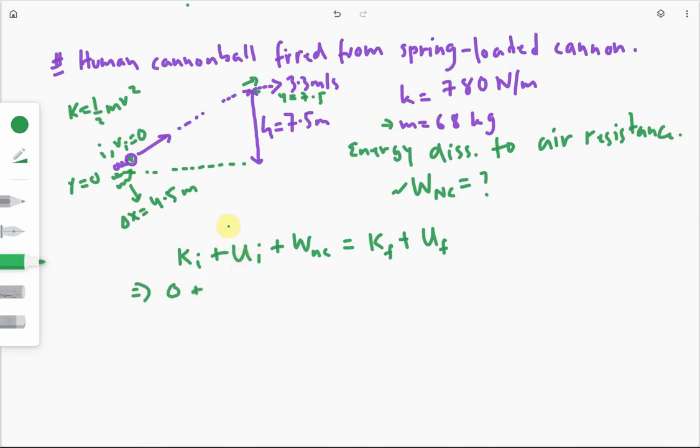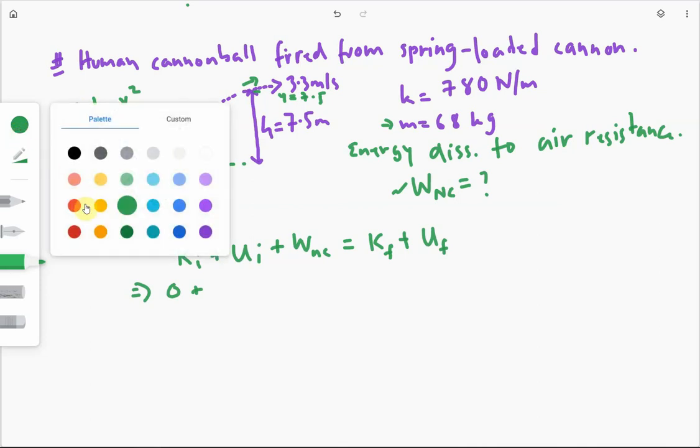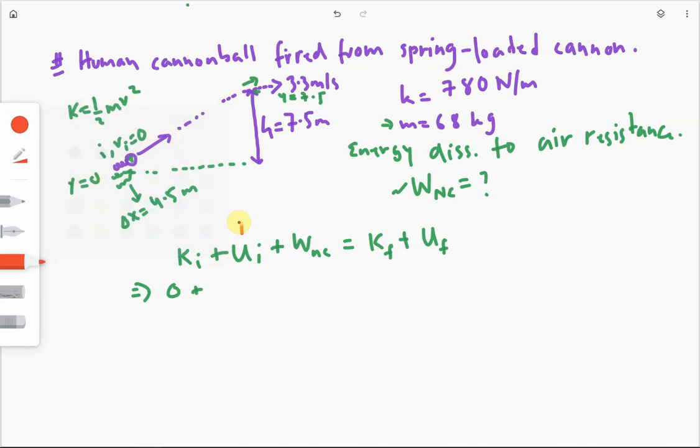What is the initial potential energy? Well, remind yourself that potential energy always consists of two things: the gravitational potential energy and the spring potential energy. Because both of these things are present in this problem, we cannot automatically set either of these to 0. We have to investigate what these stand for.